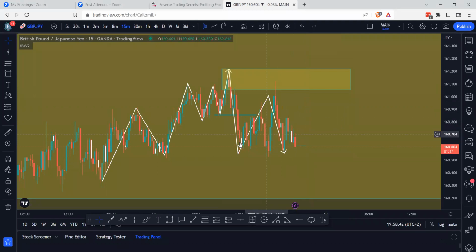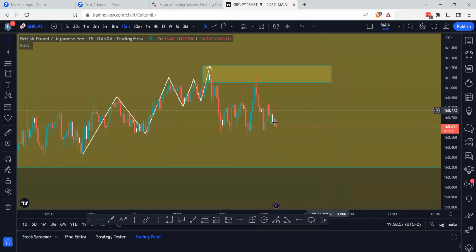Even if you lost the trade, what we can do is wait for another entry. If you are bent on taking an entry on GJ, this is the structure right now.